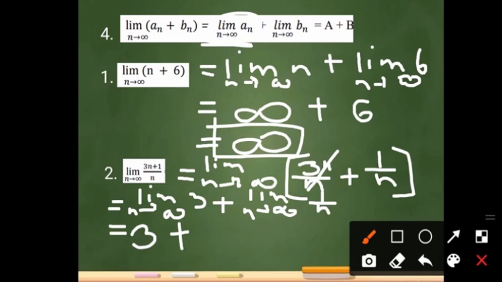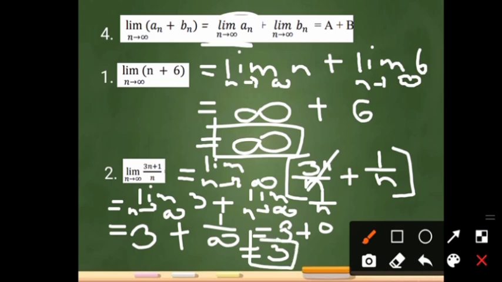And limit 1 over infinity is 0, so 3 plus 1 over infinity is equal to 3 plus 0. So 3 plus 0 equals 3. So our answer for number 2 is 3.